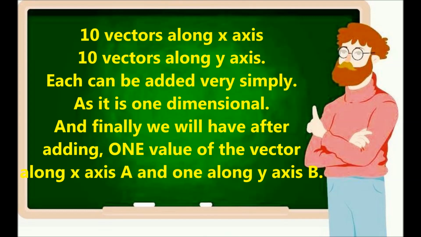Now each can be added very simply, isn't it? Because it is one dimensional. As it is one dimensional, we can add it easily. And finally we'll have, after adding, one total value of the vector along the x-axis and one total value along the y-axis.